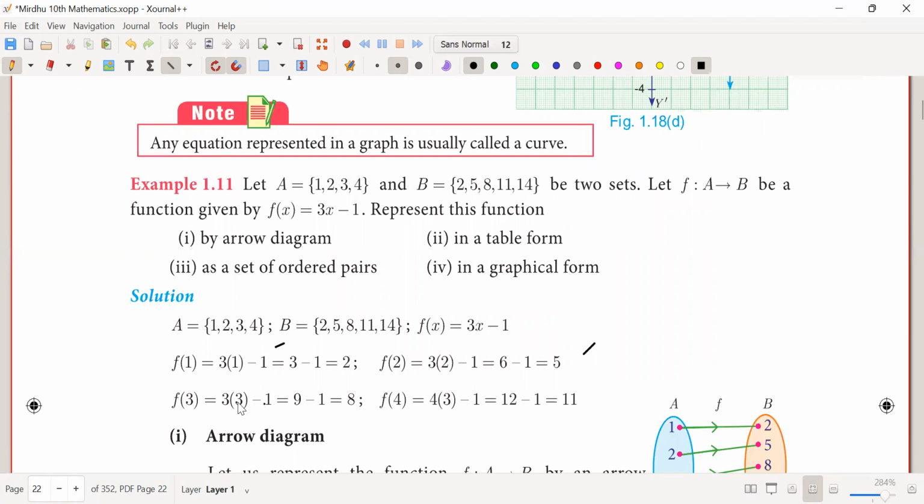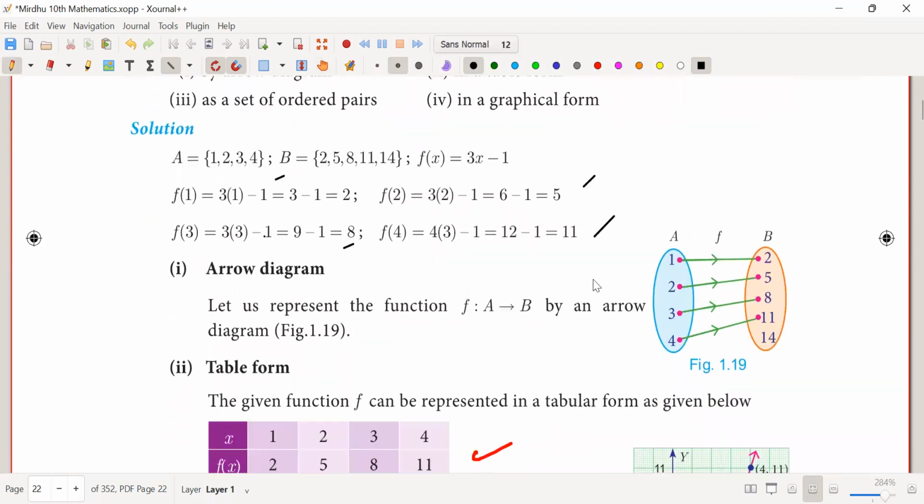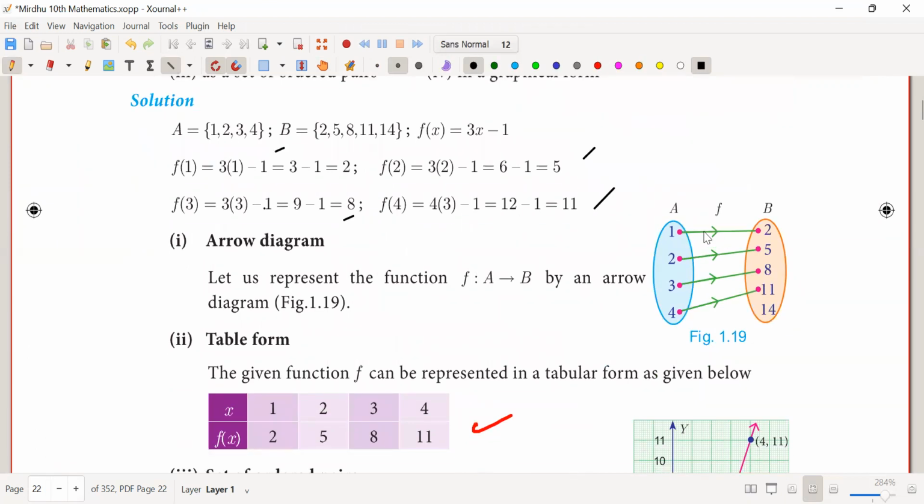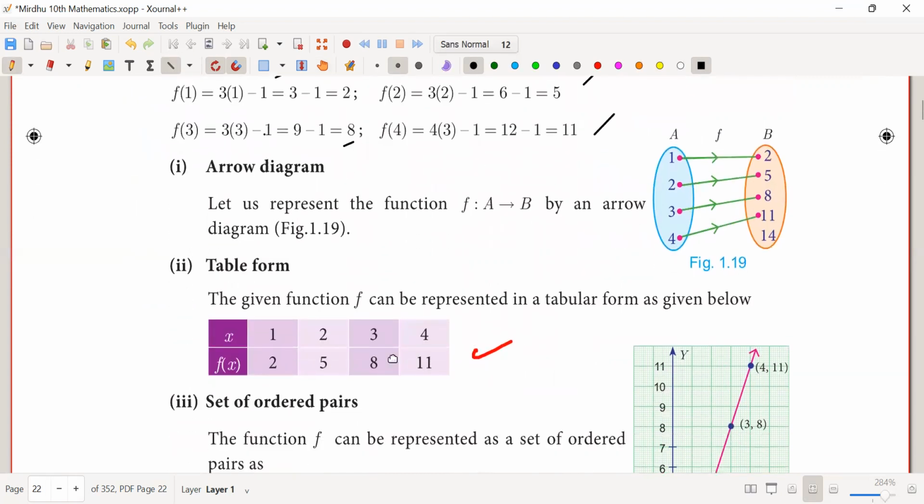X equal to 3: 3 into 3 minus 1, 9 minus 1, 8. X equal to 4: 4 into 3 minus 1, 12 minus 1, 11. So for that alone we would be drawing. Arrow diagram: 1 to 2, 2 to 5, 3 to 8, 4 to 11. Next one.